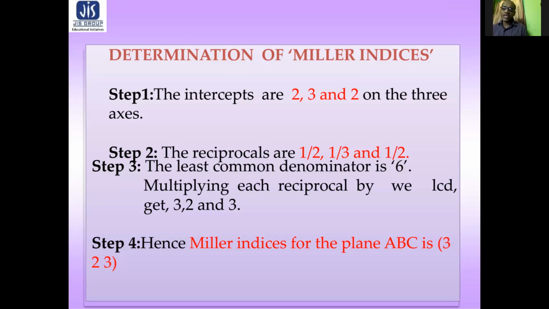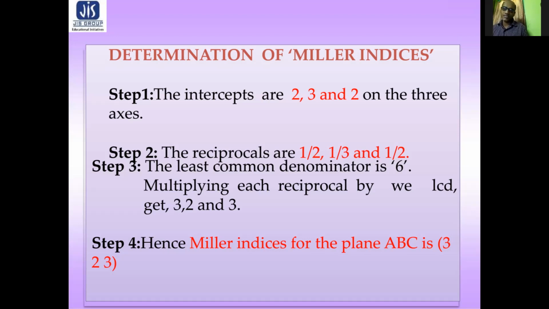Then step 3, we need to find the least common denominator of 2, 3 and 2, which is 6, and multiplying each reciprocal by the LCD, we get 3, 2 and 3.